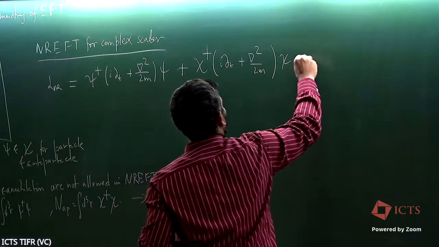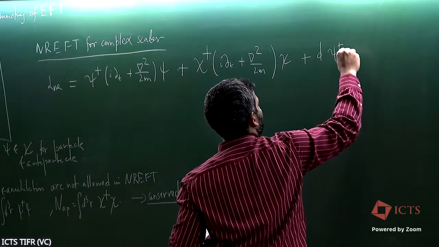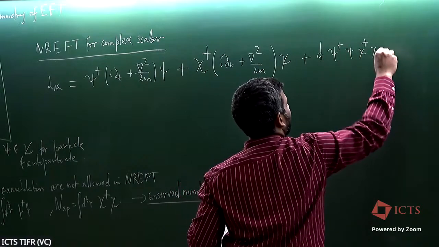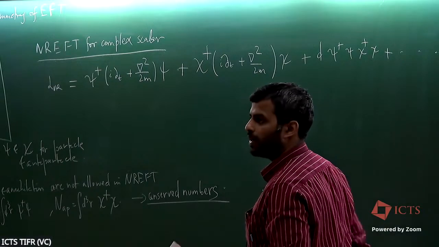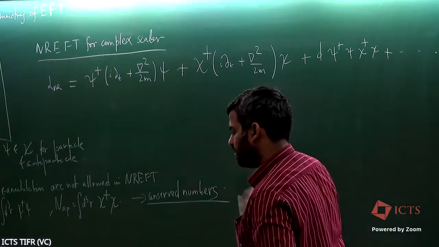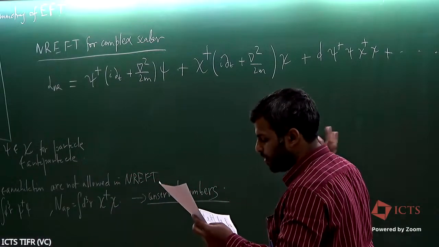Then there could be terms like psi dagger psi, chi dagger chi, and so on. D has some dimensions that would give me the correct mass dimensions and everything. We'll see about it later.